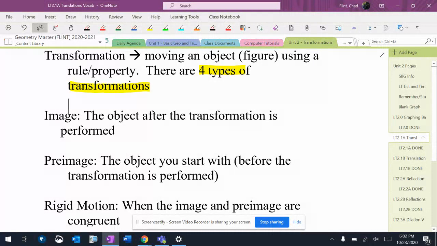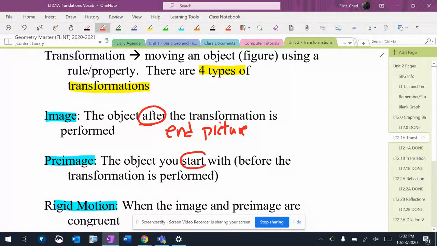We'll talk about that. The most important things, 3 of them: image, pre-image, rigid motion. Image is what you end with. It's the after, the end image, end picture. So if it says find the image, it means what do you get after you do whatever we're going to do to the figure.